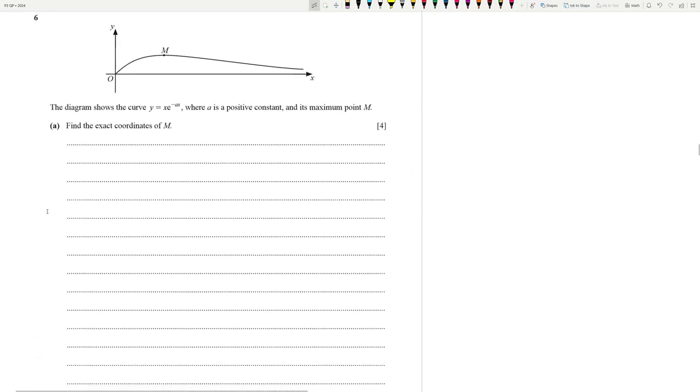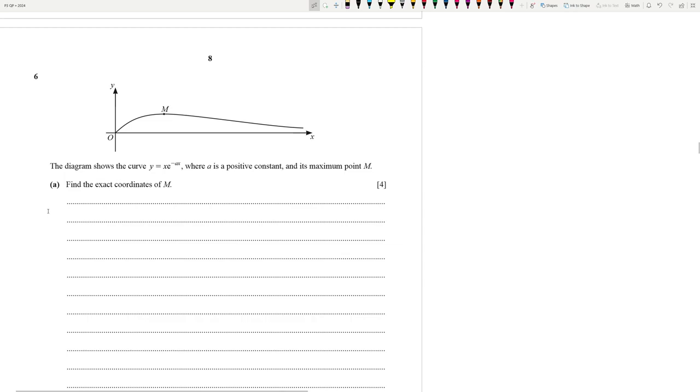Next, number 6. The diagram shows this curve, where a is a positive constant, and its maximum point M. Find the exact coordinates of M. Let's do this. So dy by dx is equal to 1 times e to the power minus ax plus x times minus a e to the power minus ax.